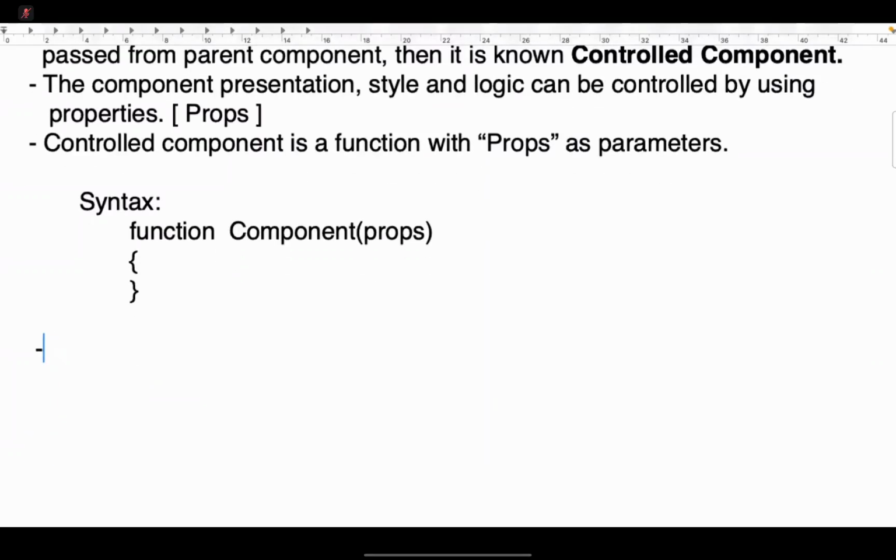And what is the props data type? A component can have multiple properties. It can have ID, name, class. It can have width, height. It can have background color. Am I right?